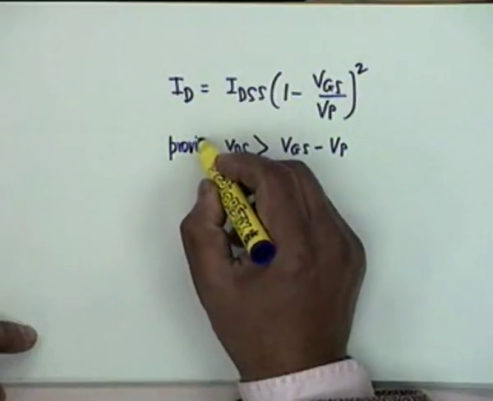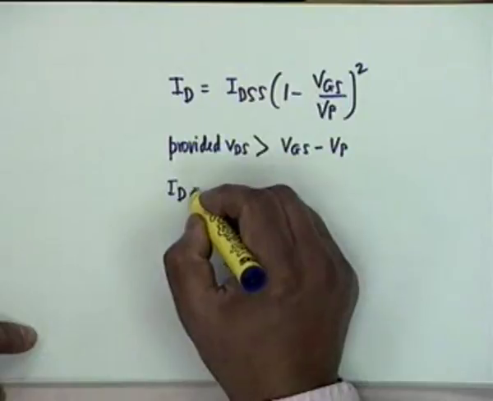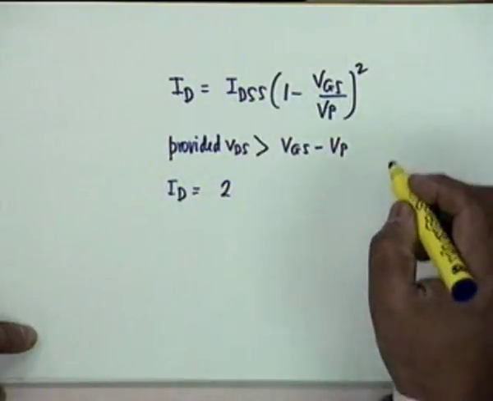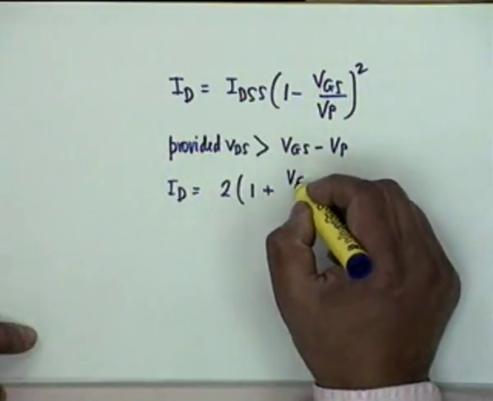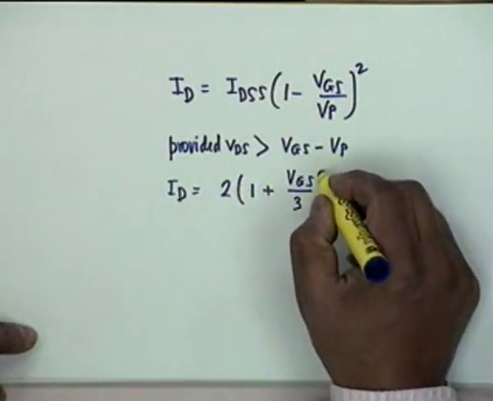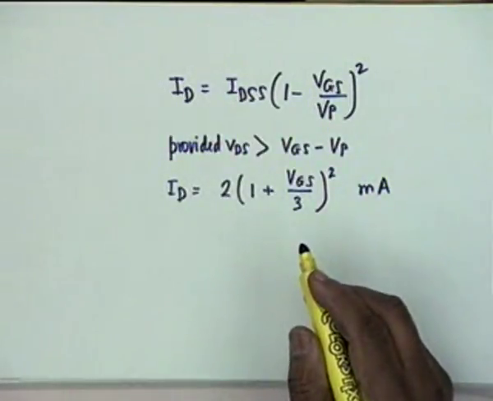In our case, I sub D is equal to 2 milliamperes multiplied by (1 plus VGS by 3) whole squared, in milliamps, because 2 is in milliamps.